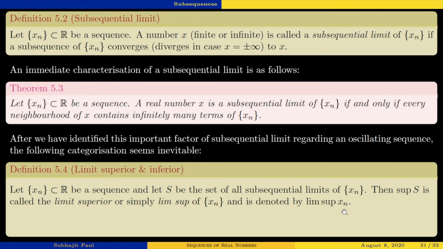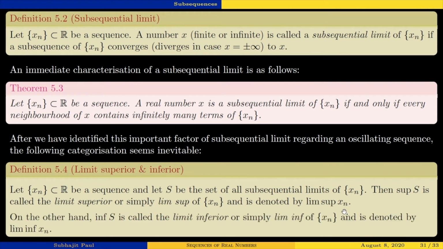Why is it coming as lim sup xn? It should not be. Oh, sorry, I forgot. The notation I'm using is actually lim sup with a bar on top, and lim inf with a bar at the bottom. In the updated PDF you will find that notation.